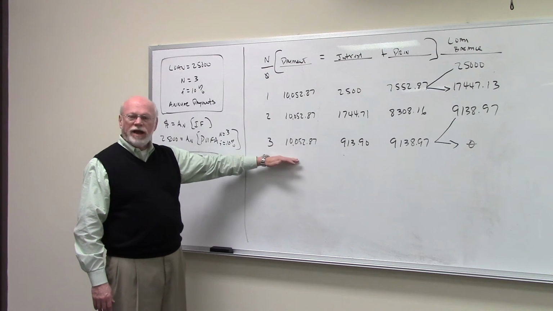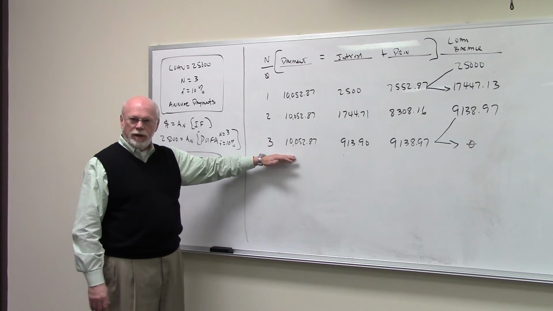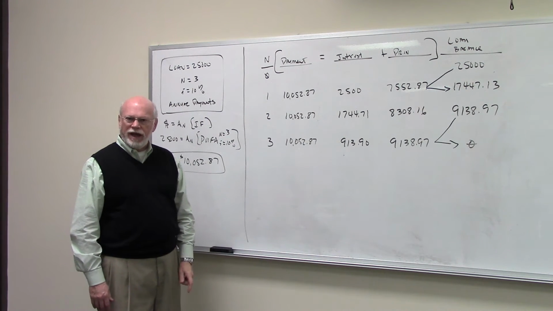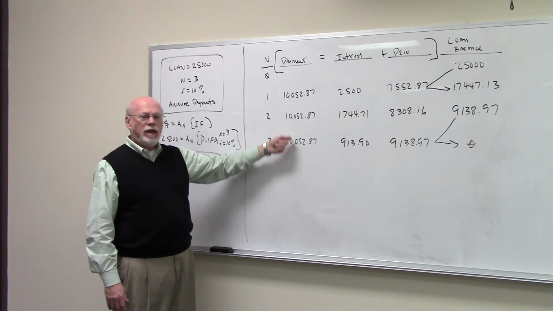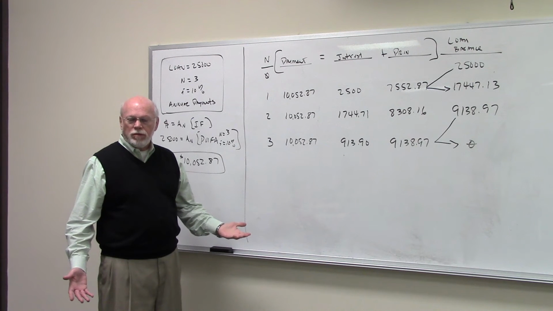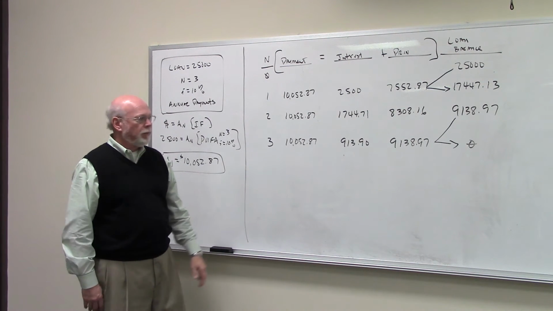We also have to keep track of the payments. We have to know what the payment is and when we have to make the payment. Well, we calculated the payment to be $10,052.87. The terms of the loan say we're going to pay the bank back at the end of every year for 3 years. So we know the timing of the payments, and we know how much the payments are.